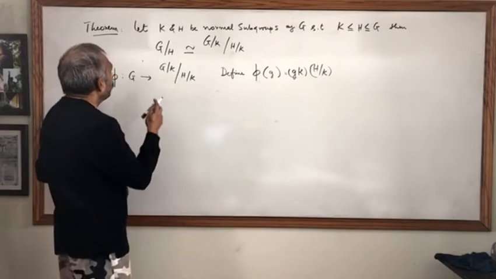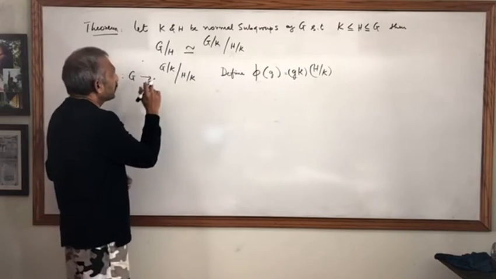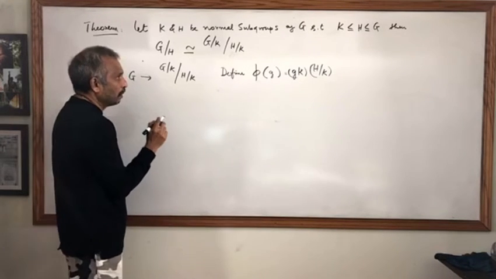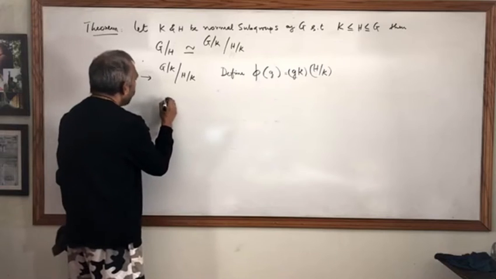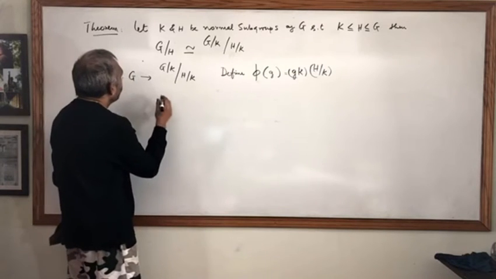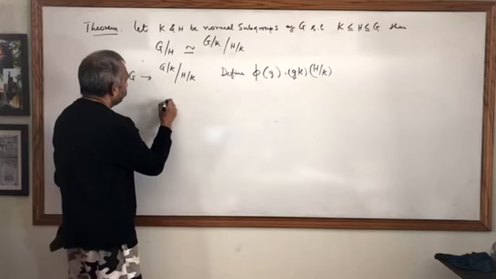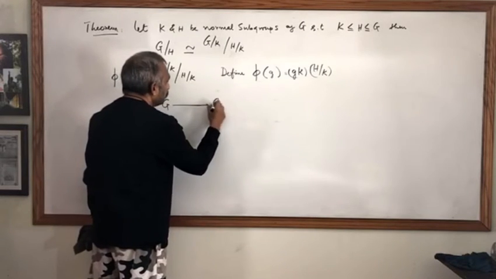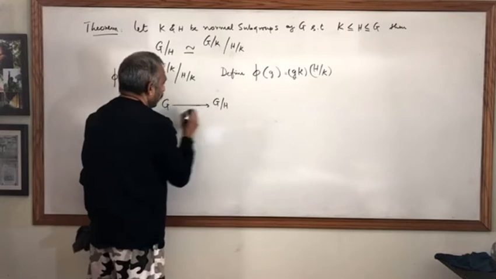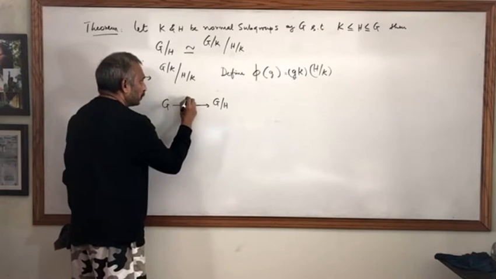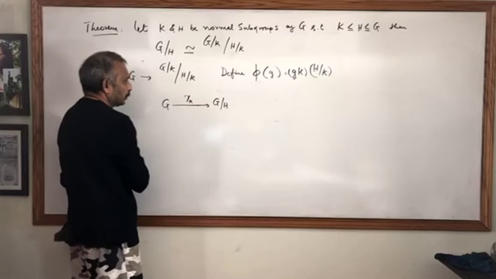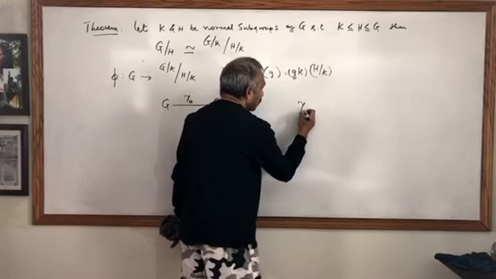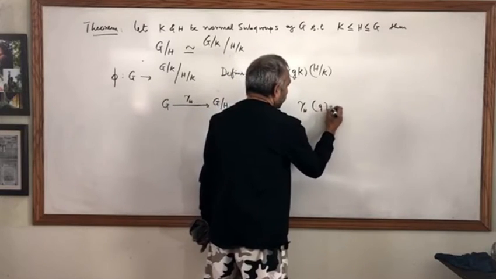Another way of looking at this theorem is in terms of canonical homomorphisms. We have a map from G to G over H. A canonical homomorphism, let's call it gamma H, is defined by gamma H of g equal to gH.